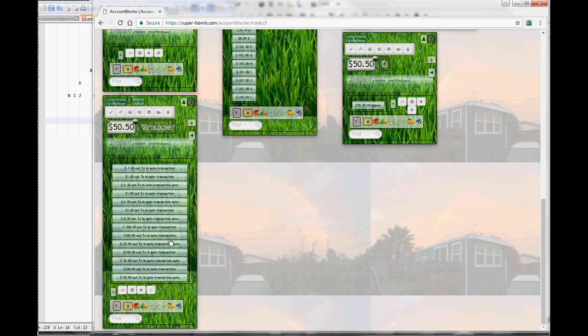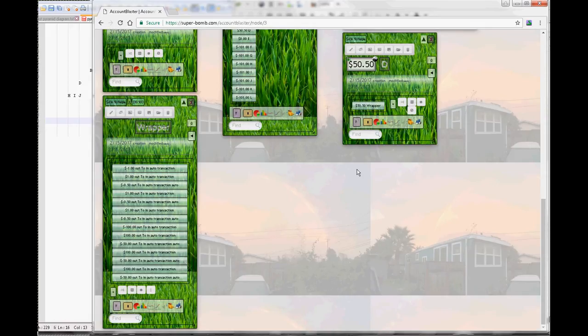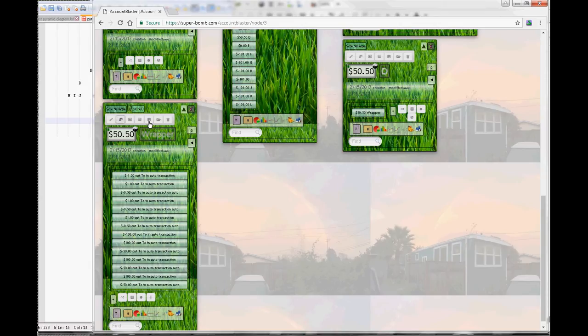By the way, you can zero it differently too. You can just zero out. You can change the amount here if you want. Or you could wrap the children in that.